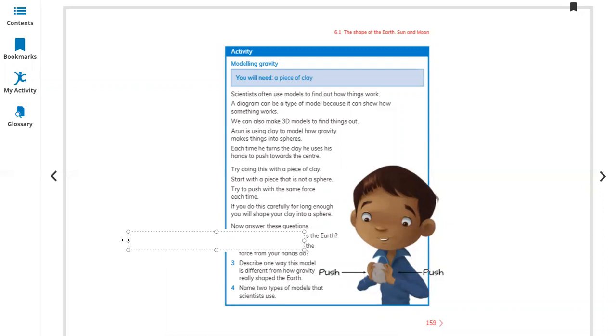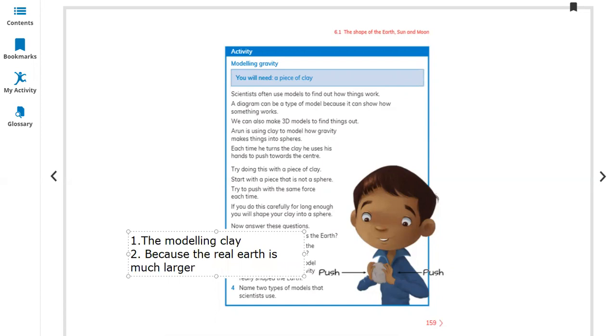Let me write the first answer. There are variations of the answer: because the real Earth is much larger, and it's using only pull forces, not only push.